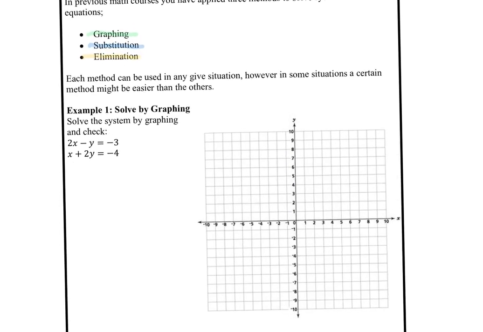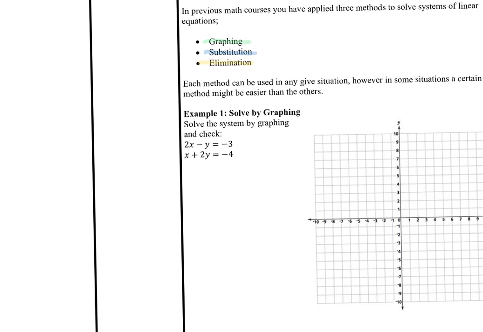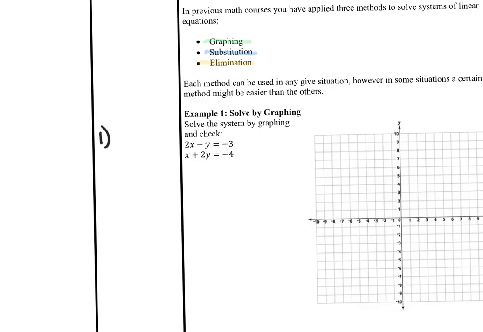So in example 1, it says solve by graphing. When we solve by graphing, we have two options. Option 1, we can solve by solving for y. In other words, you're putting it in slope-intercept form.